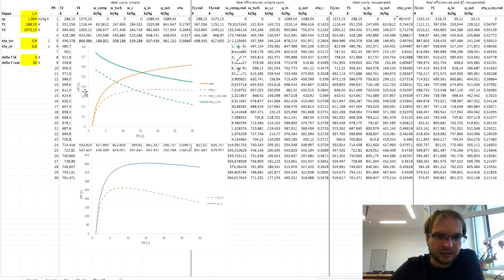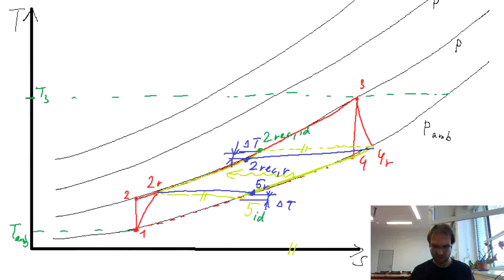Now let's see what is actually this point from which the recuperated cycle appears to be worse than the simple one. Here for the ideal case, and here for the real case. So let's go back to the TS diagram of our cycle, which we have over here, and let's see what happens as we increase the pressure ratio from this one over here.